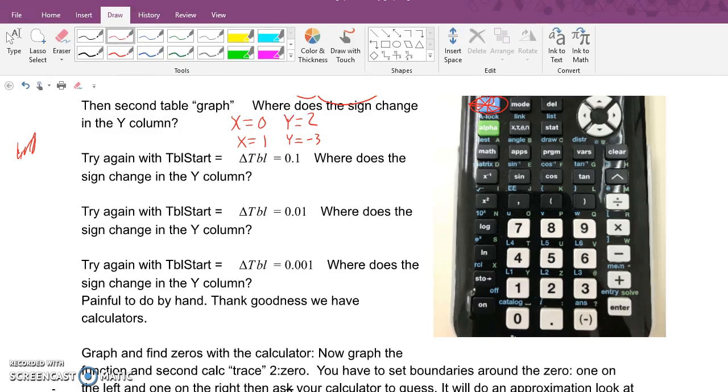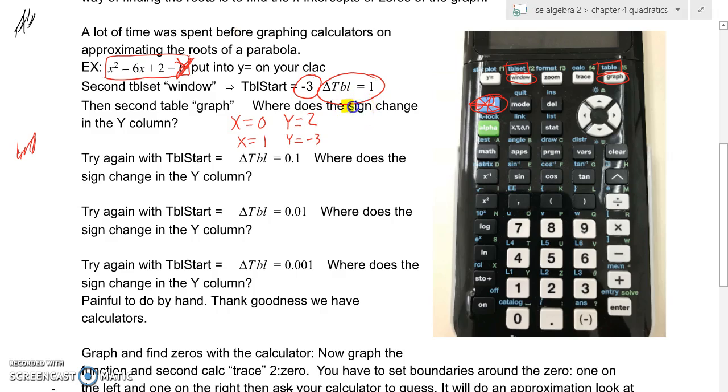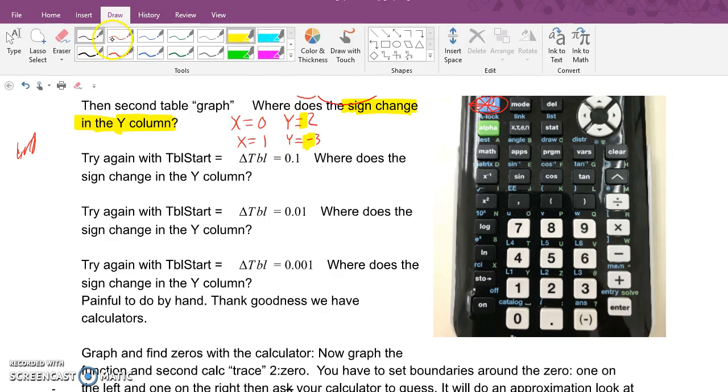So in that table, we are looking for the sign change in the y column. So we're looking for our sign, +2 to -3. We are changing from positive to negative. That's what we were looking for.